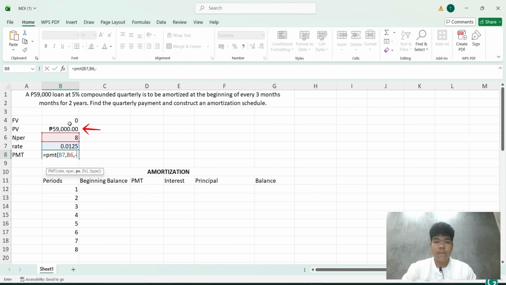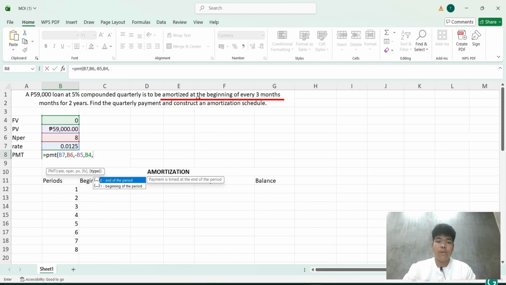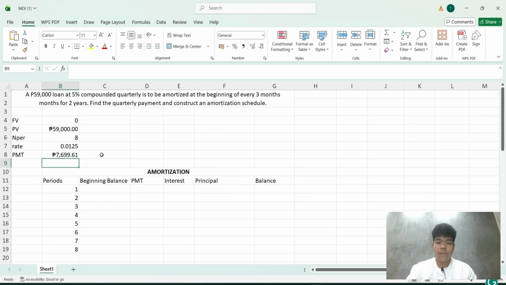Input a negative sign and click our PV, comma, click our FV, which is 0, comma, and as you've noticed, the problem states that it is to be amortized at the beginning of the period, which means it is annuity due. So we type in 1 for beginning of the period. Close parentheses and now click enter.